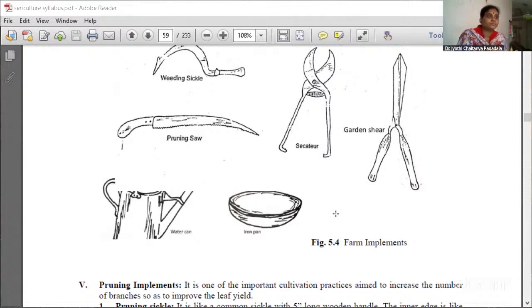Second dose, urea 55 kg or CAN 100 kg or ammonium sulphate 125 kg at the end of September or early October before cessation of monsoon rains.